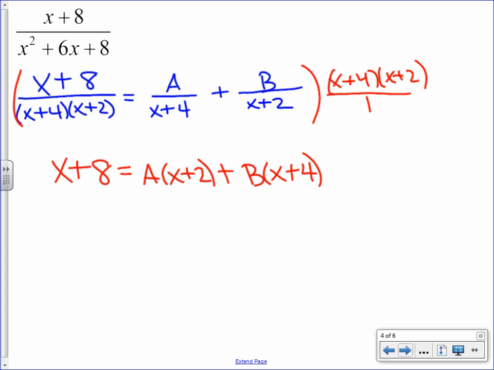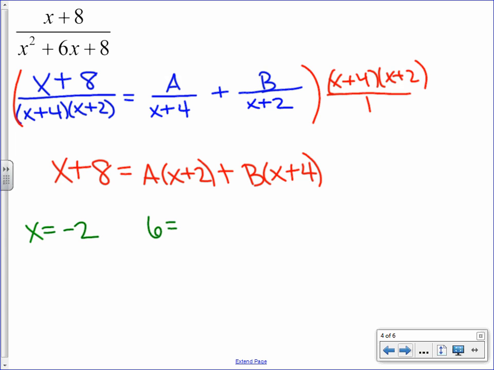Okay, now we get to strategically plug in some values. What would be a good value to plug in? We can plug in -2 because here we get 6.